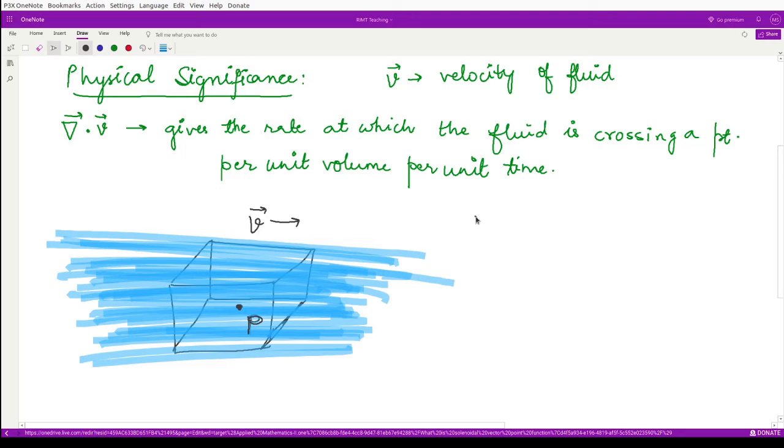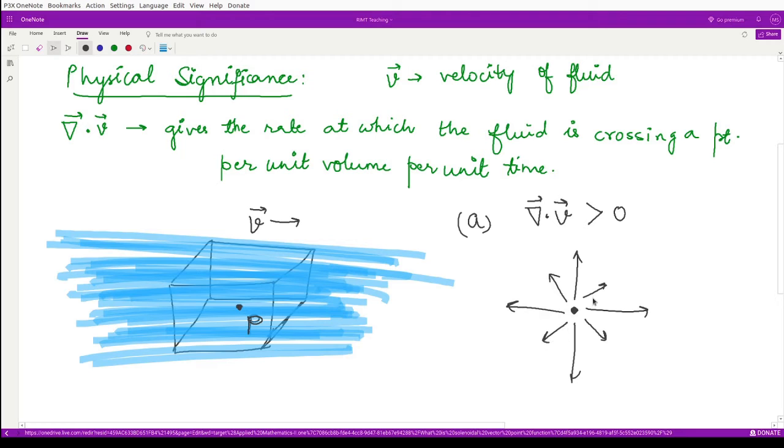So we have these three cases. In the first case, if we obtain the divergence of the vector v and this quantity is positive, that means at the point P we would have the fluid something of this kind. The fluid would be moving out from this point P, because here the divergence is a positive quantity. So the fluid will appear to come out from that particular point.